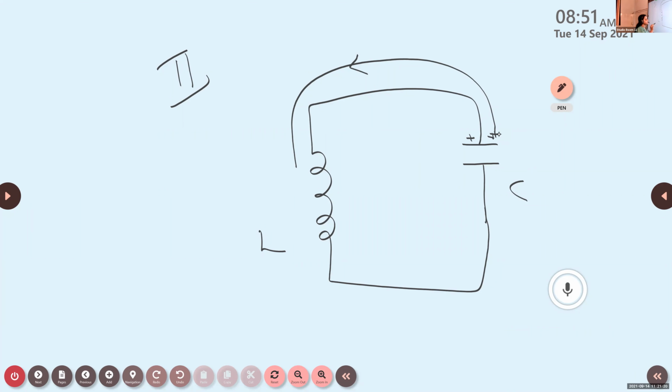So in the second case, the energy stored by the inductor is given by UL is equal to half L I square. Half L I square. But at the same time, what about the energy possessed by the capacitor? Try to guess.